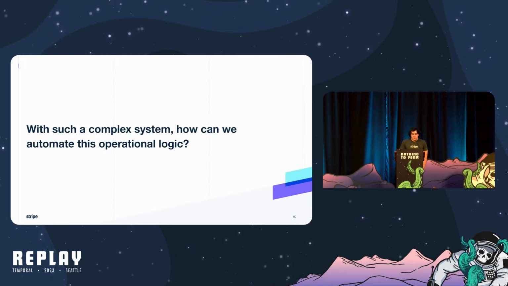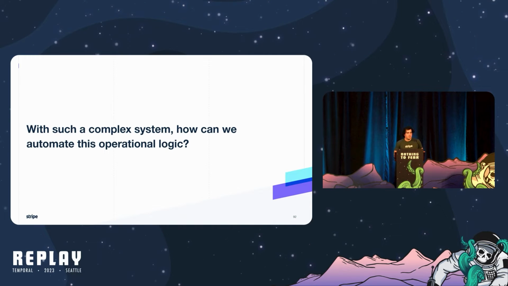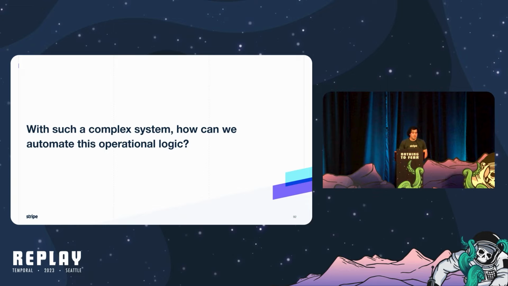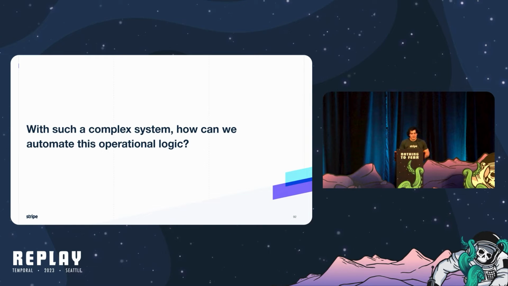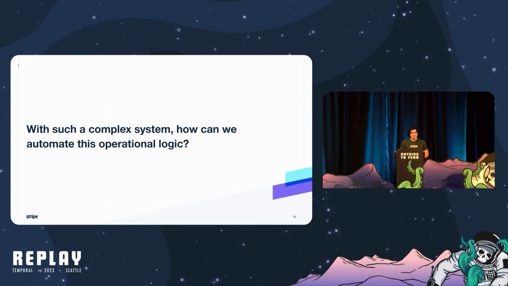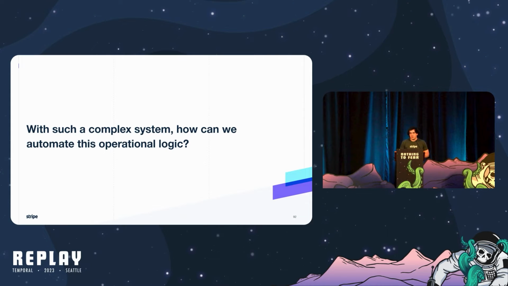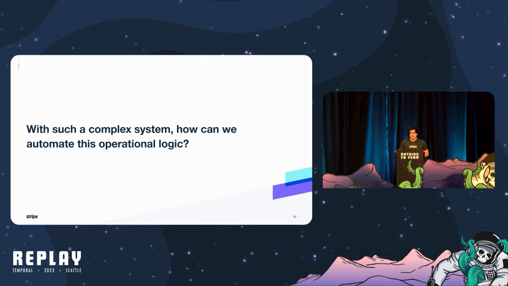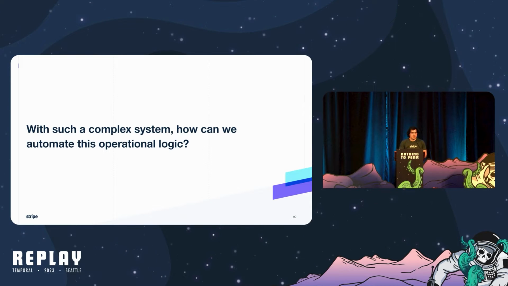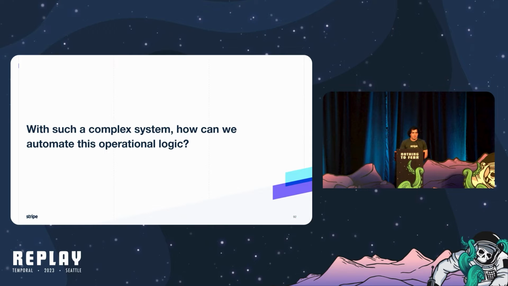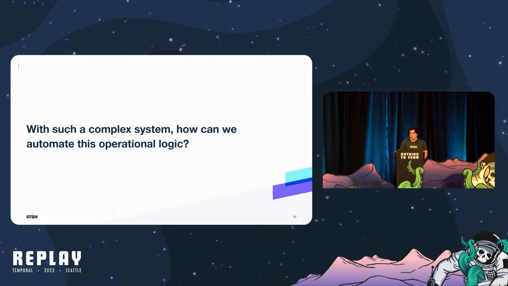Since we have such a complex system, it motivates the reason for why we would want something to help us operate and manage all these moving pieces, whether it comes down to replacing a broker or making sure that the data is written to S3 correctly.